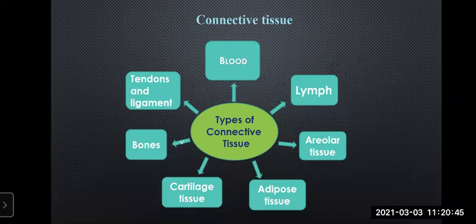Then the next type of connective tissue is ligament. These are made up of elastin fiber or yellow fibers. These are very thin and tiny and they connect bone to bone. Remember that difference? Tendon connects muscles to bone, whereas ligament connects bone to bone.